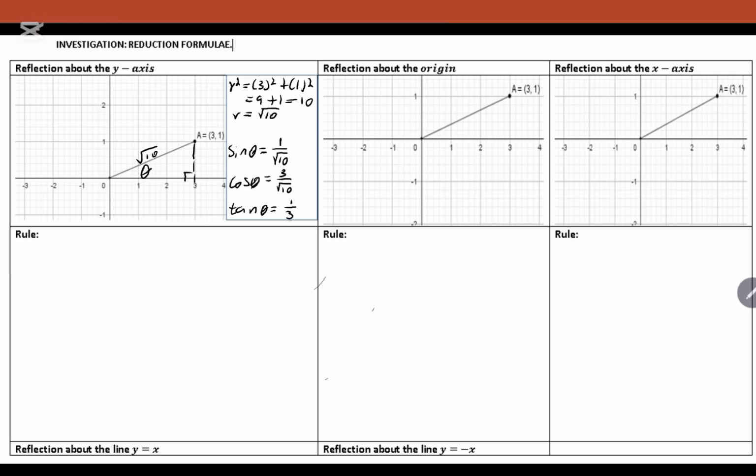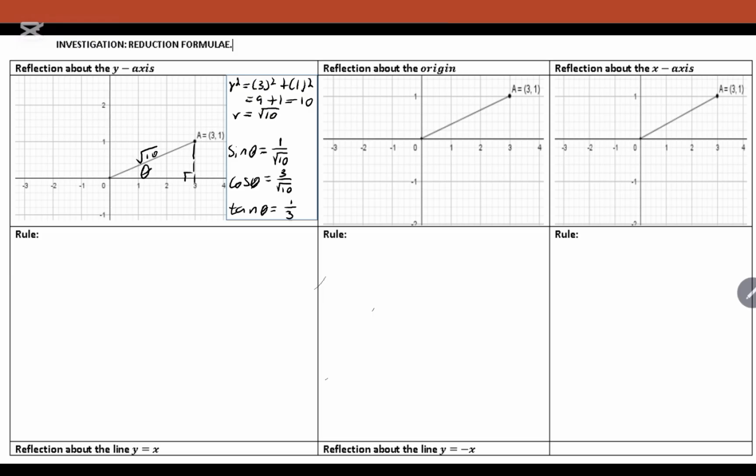A worksheet of this nature I give to the learners and give them several instructions that will aid them in completing the worksheet. If you look at the worksheet, the instruction is simple. Make the angle that is formed by the terminal arm OA angle theta, and use Pythagoras to determine the length of OA, and therefore write down the trigonometric ratios in that empty block up there.